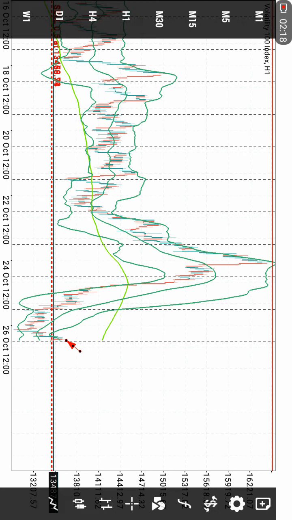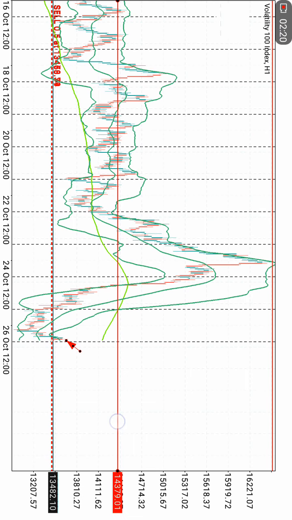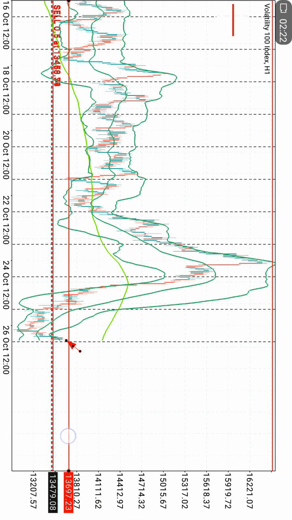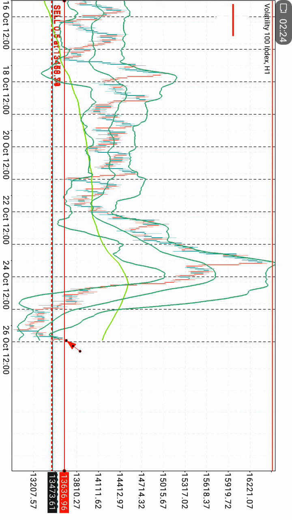The next thing that gives me more confluence of a sell is that the market went from the previous movement. It came here, it bounced, it came here, it bounced, here it bounced. So this was acting as our support.